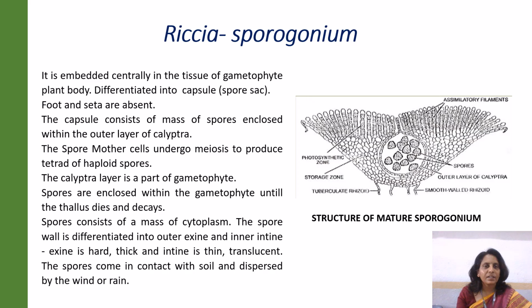The sporophyte is differentiated into a spore sac or capsule, while the foot and the seta are absent. The capsule comprises a mass of spores enclosed within the outer layer of calyptra. The calyptra is a part of the gametophyte.